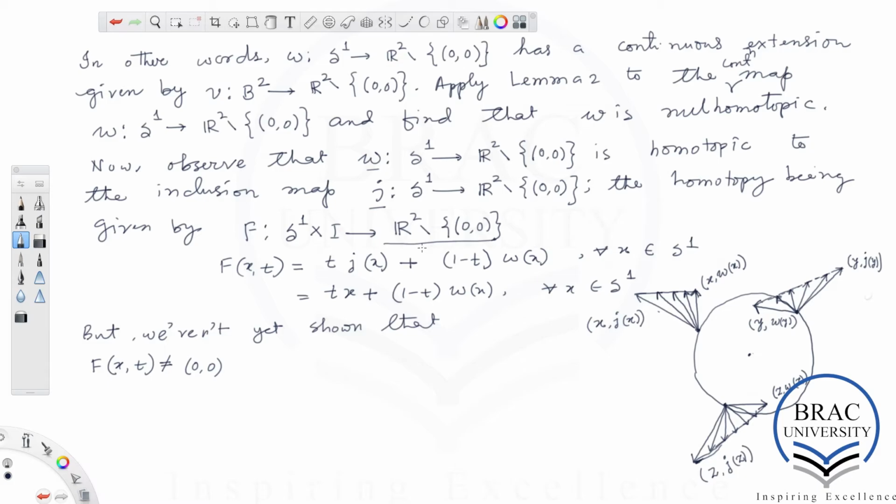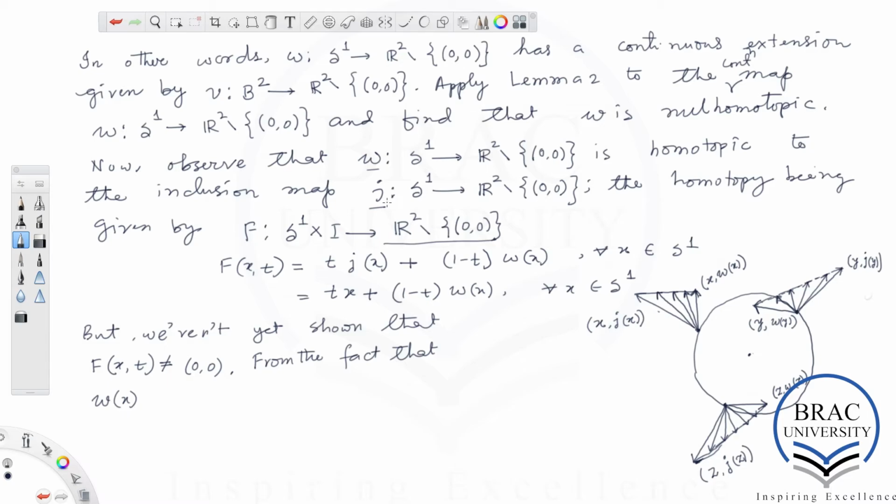So let's see how it follows from the fact that W is a map from S1 to the punctured plane in dimension 2, and so is J. J is the inclusion map of the unit circle into the two-dimensional punctured plane.